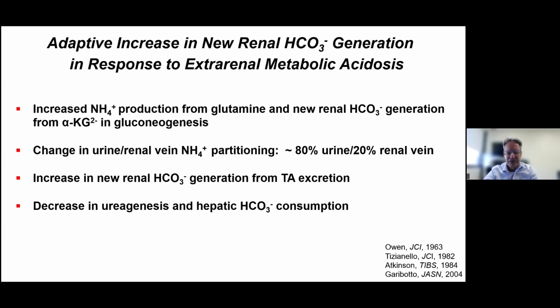So moving away from RTA for a second and addressing this question, there are a number of responses the kidney has to ameliorate a so-called extrarenal metabolic acidosis. An example of that would be starting a hydrochloric acid drip, getting lactic acidosis, ketoacidosis, any reason for a proton load that has nothing to do with the kidney being the cause of it.